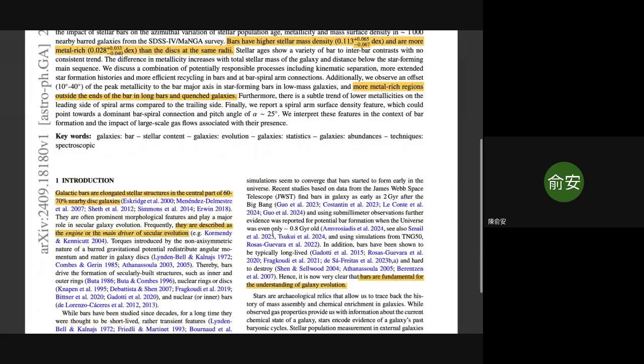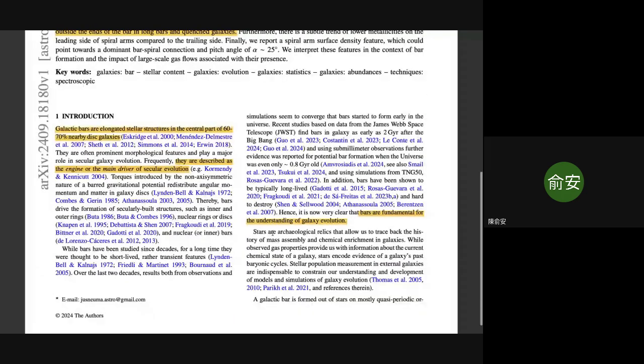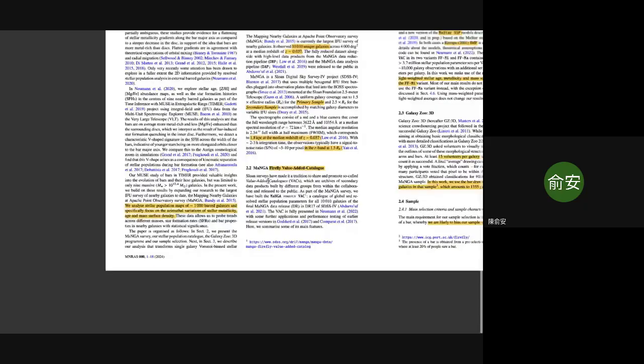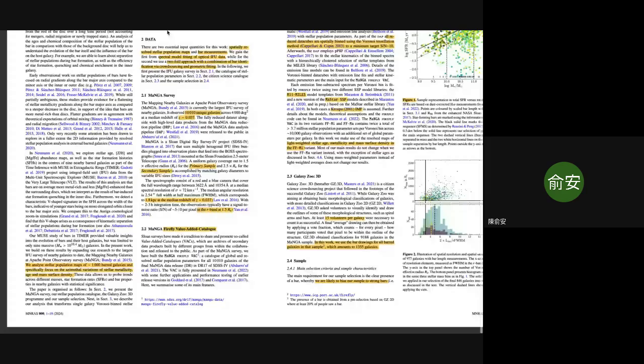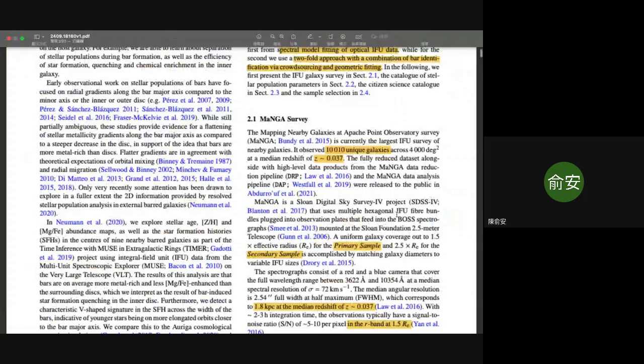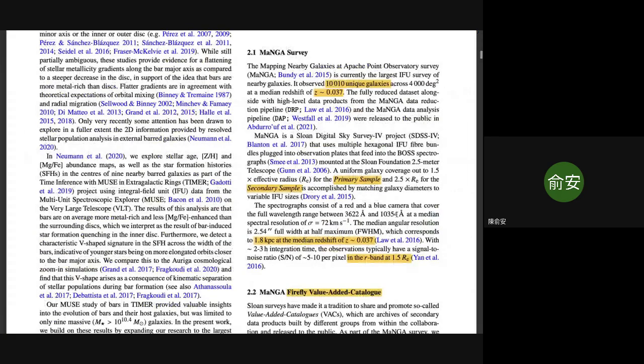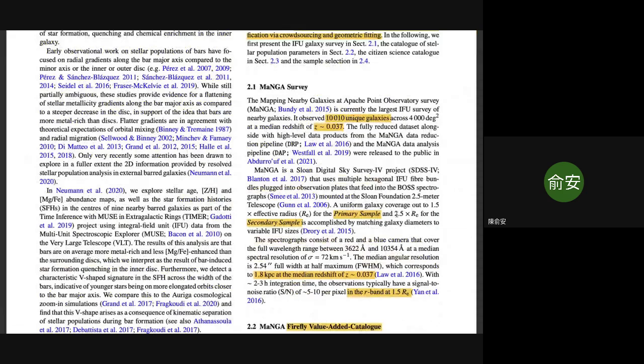They are taking their data, their images, from the MaNGA survey, and they took out about 10,000 unique galaxies at a median redshift of around 0.04. They have two subsets of samples.